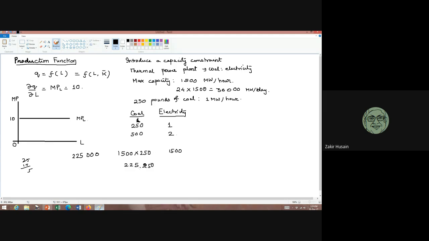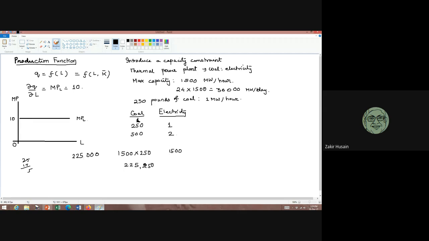So suppose they now use more coal. This is a comma, by the way. So how much will electricity go up? See, for every 250, electricity is going up by 1 megawatt.